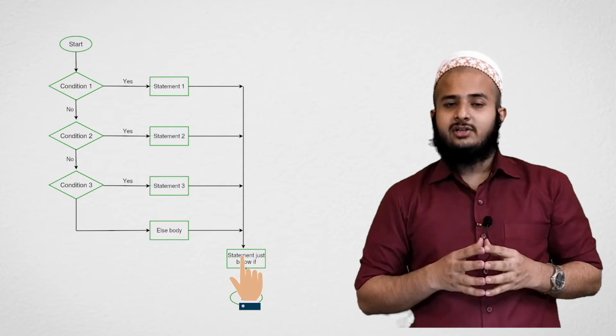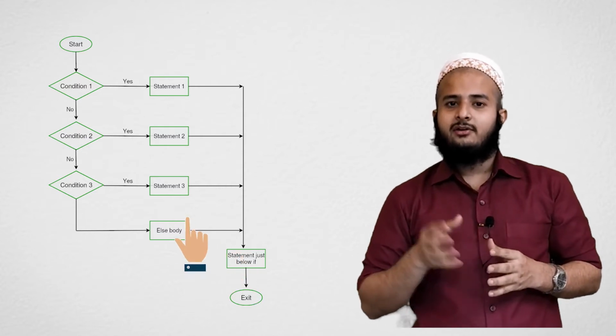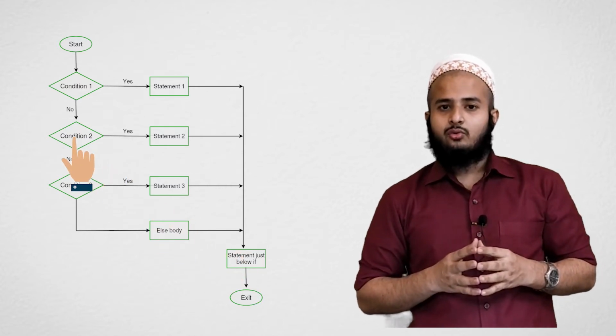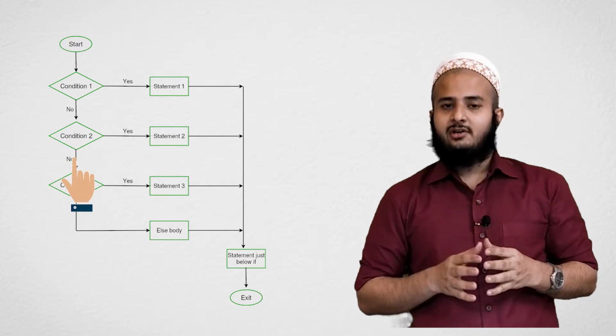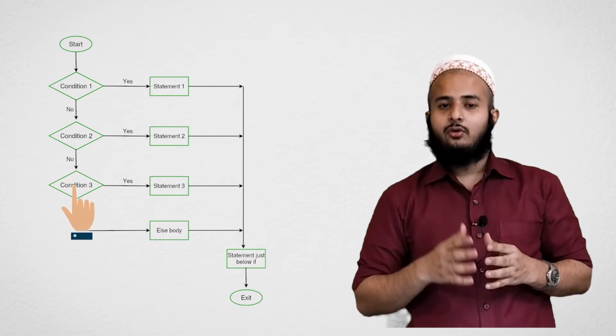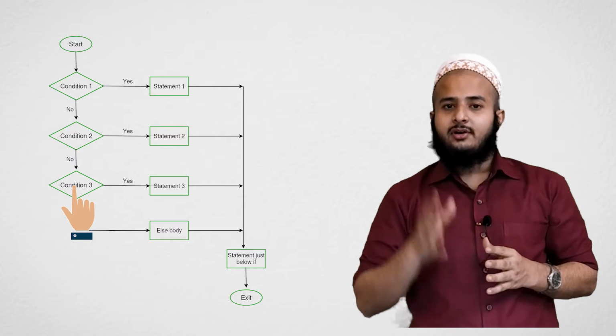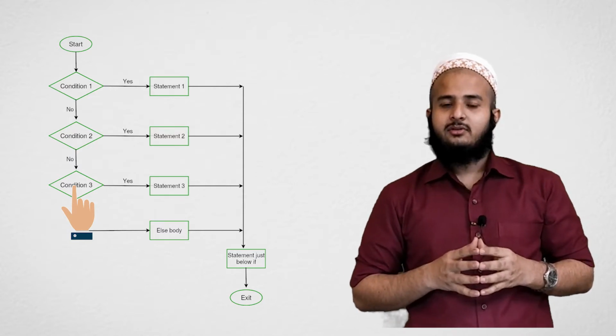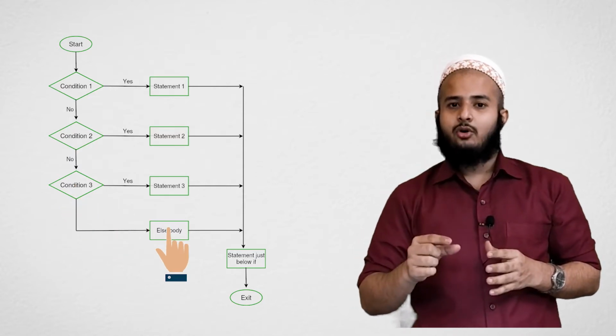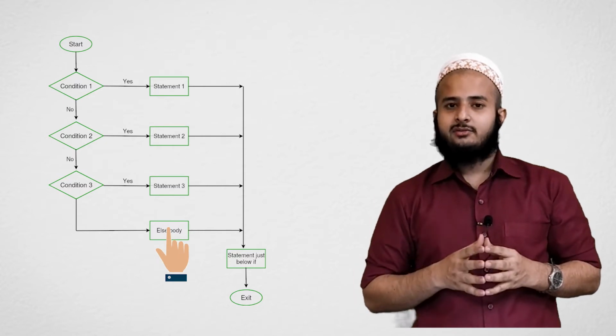And if condition 1 gives false result, then it checks condition 2. If condition 2 gives false result, then it checks condition 3, 4 and so on. And if all the conditions give false result, then it goes to the else block and performs the default task.